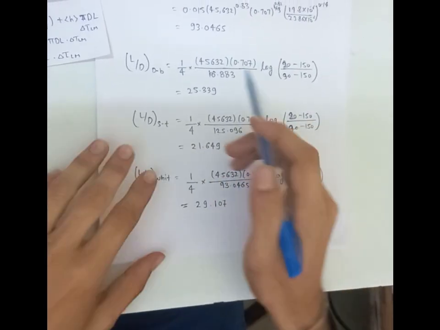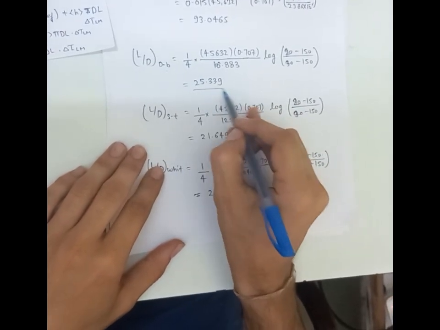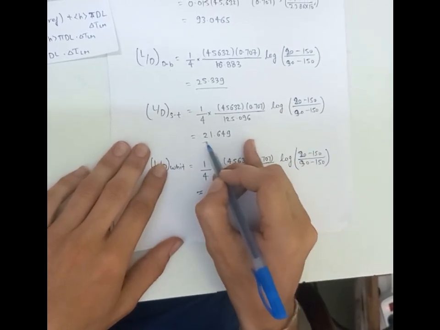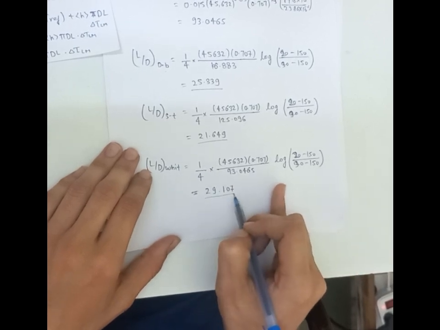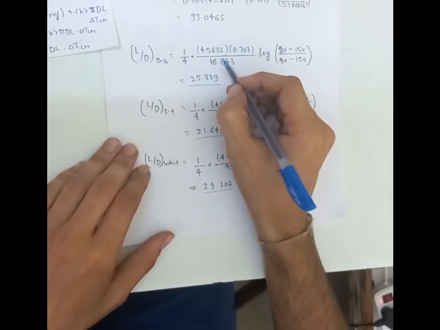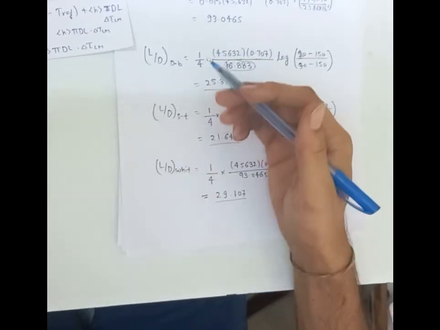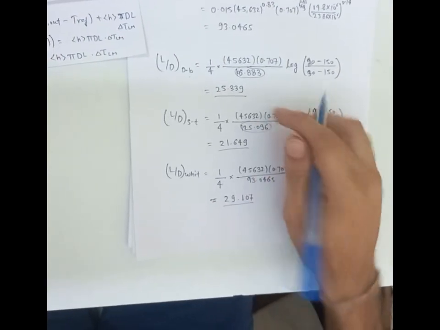The value of L by D for Dittus-Boelter is 25.339, for Sieder-Tate is 21.649, and for Whittaker is 29.107. We have only changed the Nusselt number, because only the correlation for the Nusselt number is different in all three relations. So only the Nusselt number is different and everything else is the same.